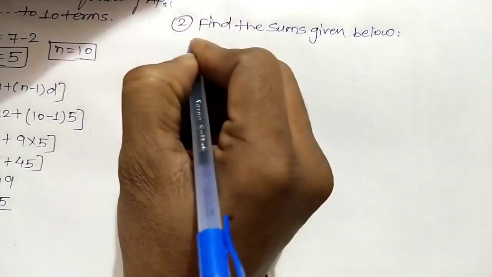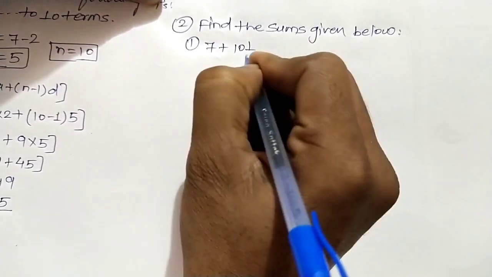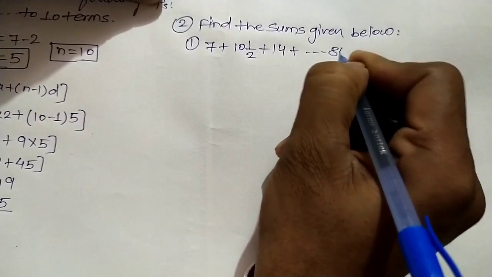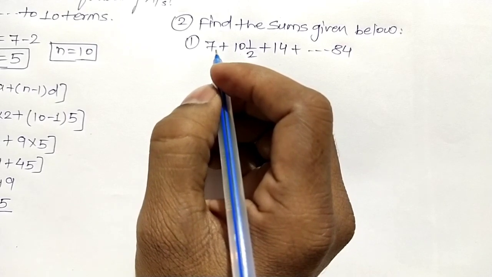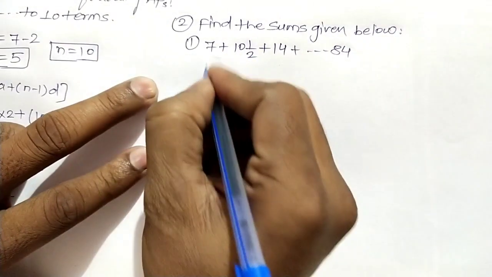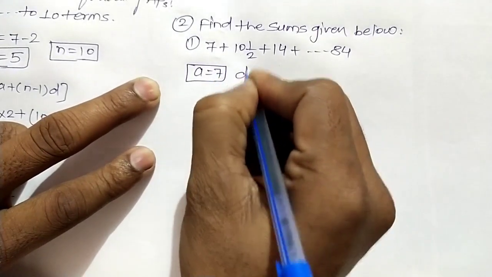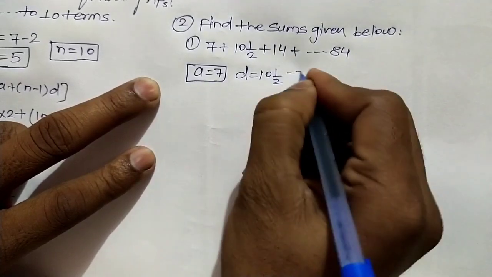Okay students, the first question is 7 plus 10 and 1 by 2 plus 14 plus up to 84. Now find the summation of the series. Here we write the value of a equal to 7 and we find d, the second term minus the first term: 10 and 1 by 2 minus 7.